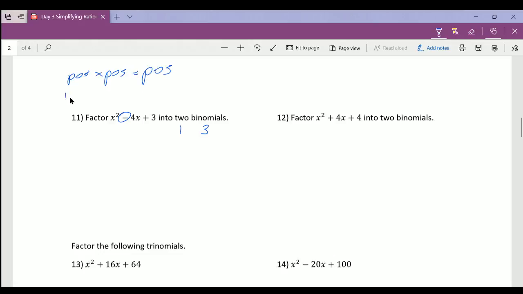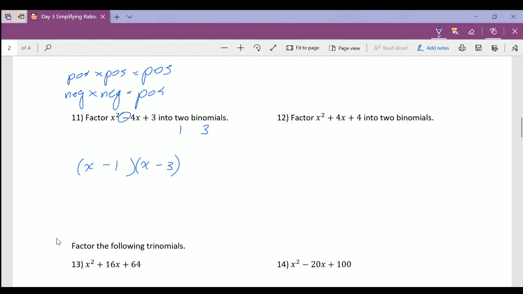But also at the same time, a negative times a negative would also give us that positive 3. And since that's negative, well, a negative 1 plus a negative 3 is going to give you that negative 4 that we're looking for. Okay?